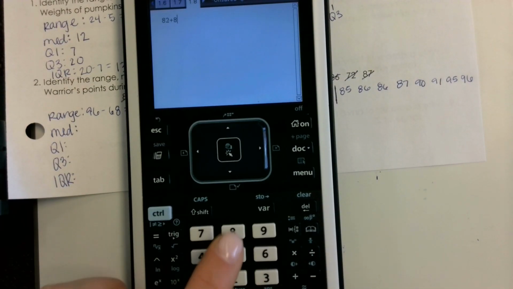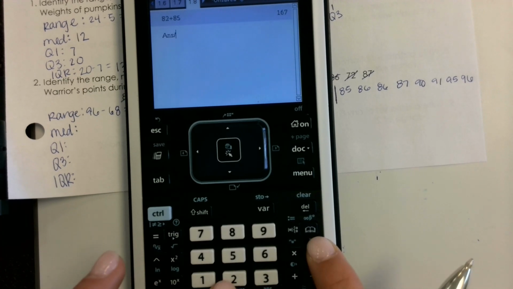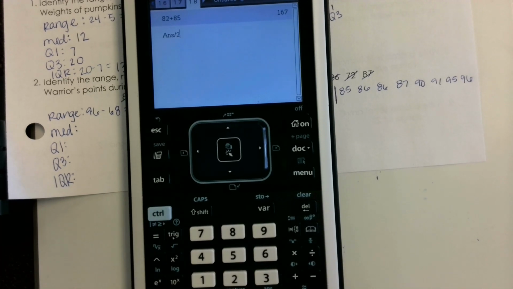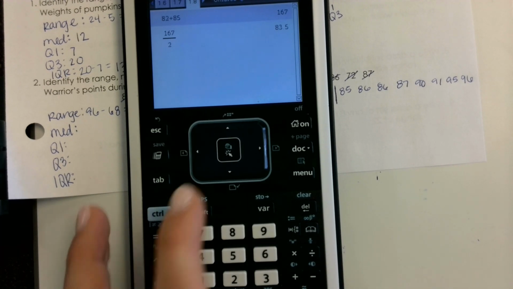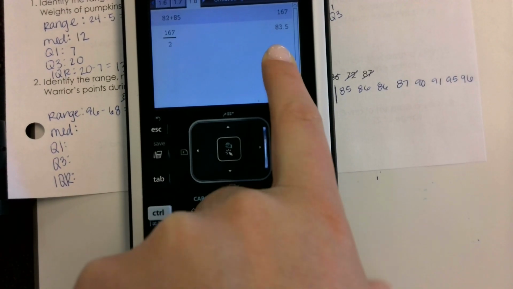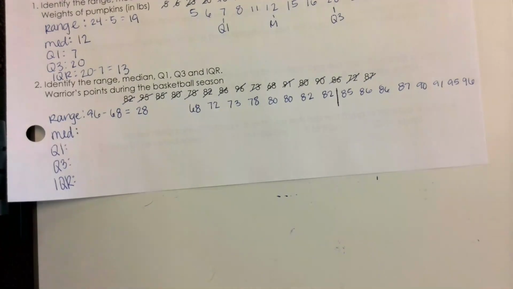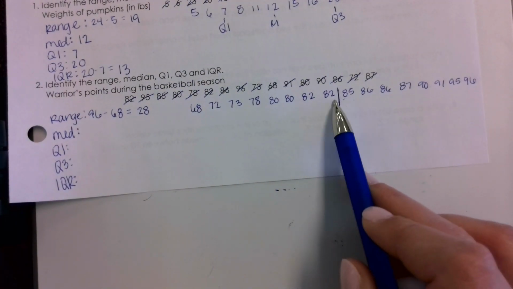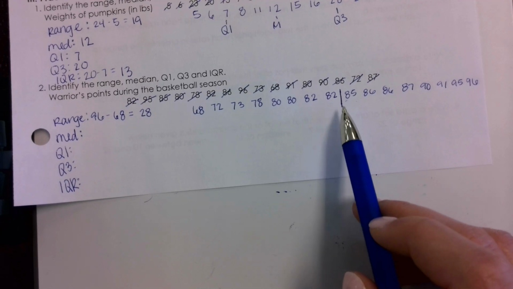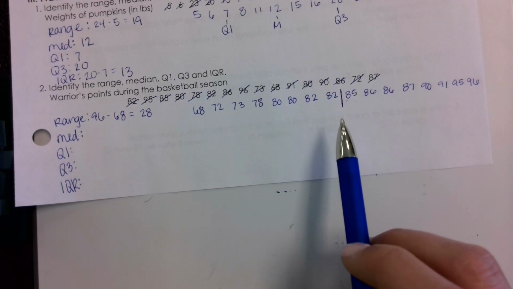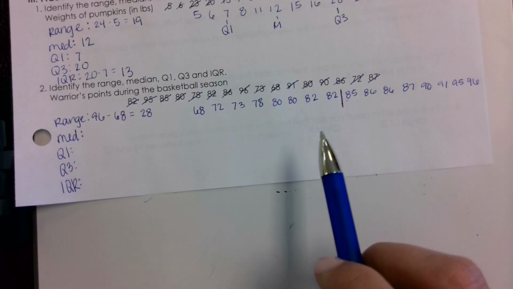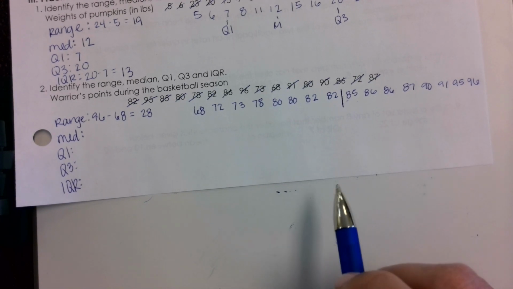Should be 83.5. Y'all, if your answer does not fall in between the two numbers that you were adding together to start with, you've done something wrong. Does that make sense? It's supposed to be in the middle. You divided twice. Look back, you divided twice. Should be 83.5.